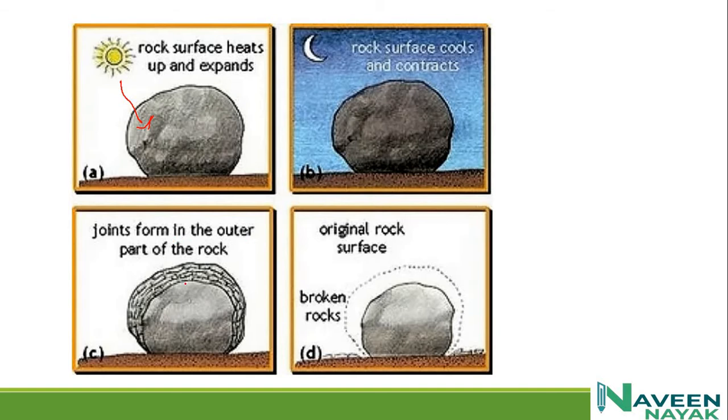You can see here, after contraction and relaxation, the joints will form, and you can see how the disintegration takes place. Original rock surface. After disintegration, the upper layer will break into pieces, and the same process continues.